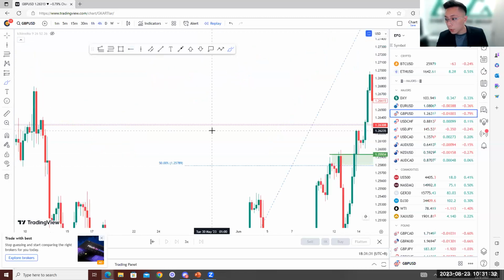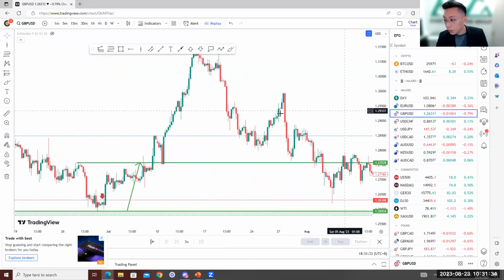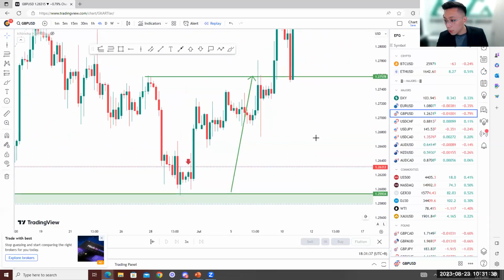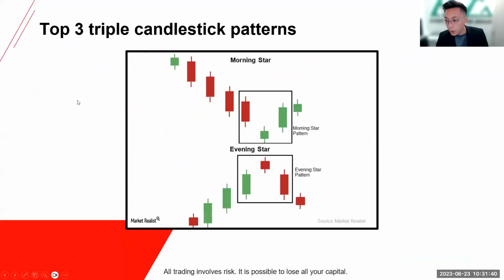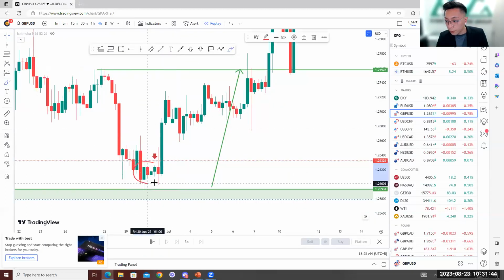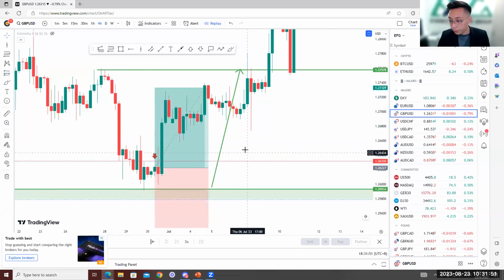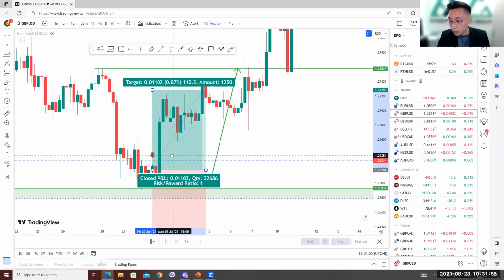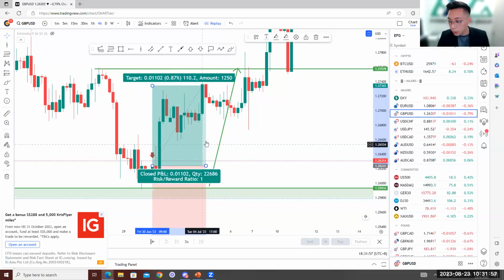But if let's say I'm looking at the 4 hour time frame, and I notice that there is the morning star pattern right here at this area, so I will buy, right? I'll buy here, wait for the candle to close, and I'll straight away buy it. So it'll probably close right here.